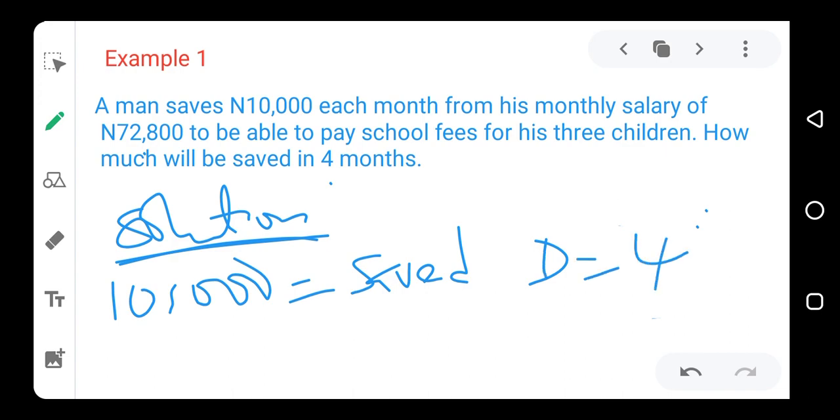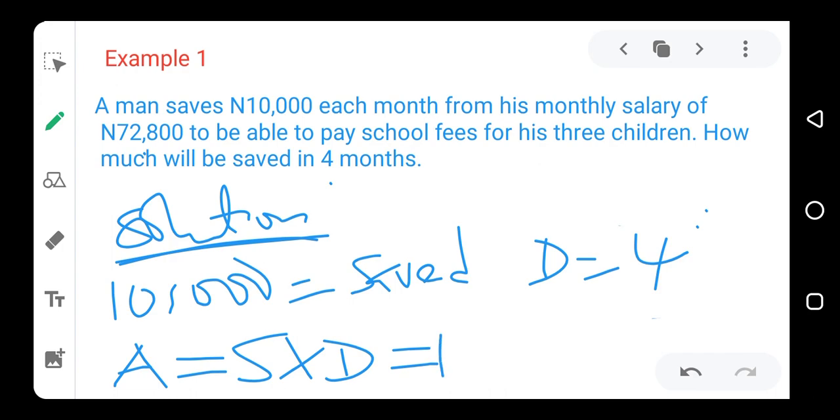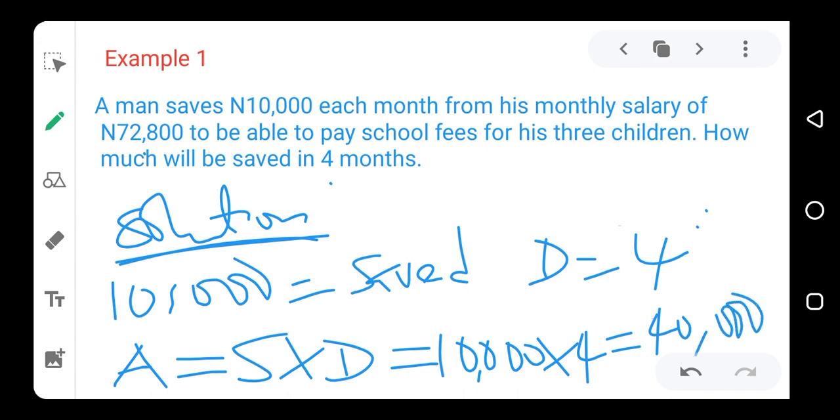Then the amount saved after 4 months is equal to the saving per time times the duration, which is equal to the saving per month, 10,000, times 4, which gives us 40,000 naira. So the man will be saving 40,000 naira in just 4 months if he is saving 10,000 naira every month from his salary.